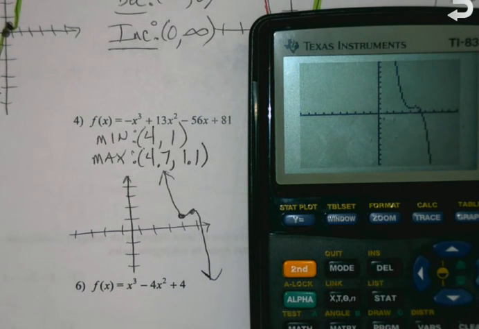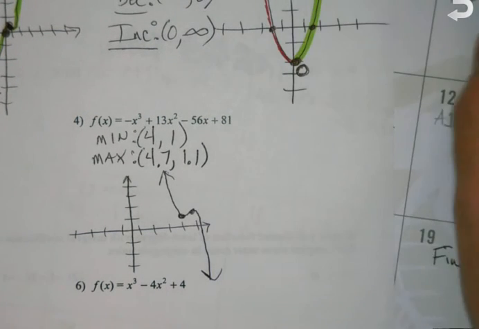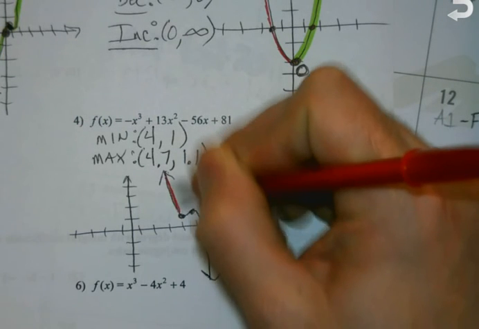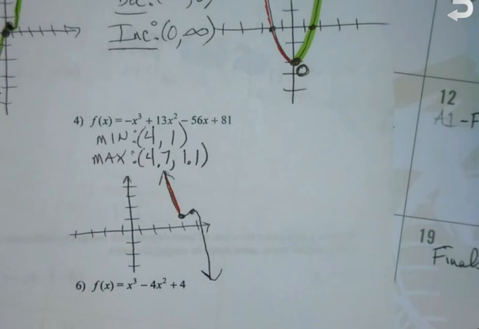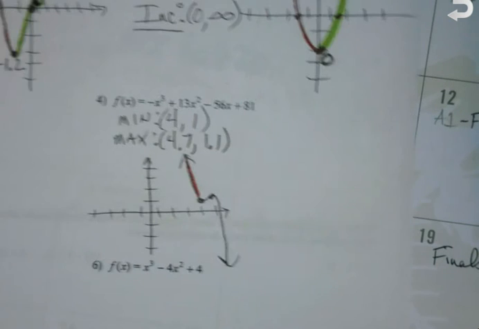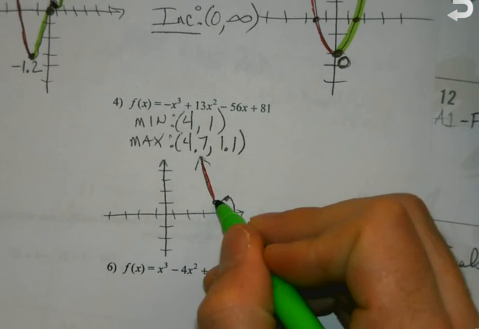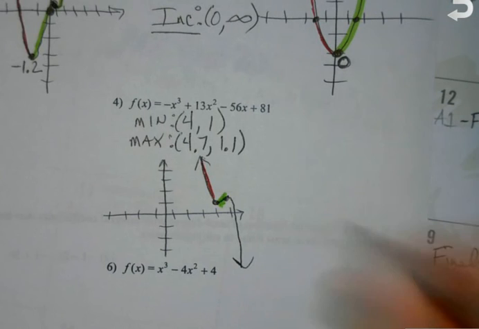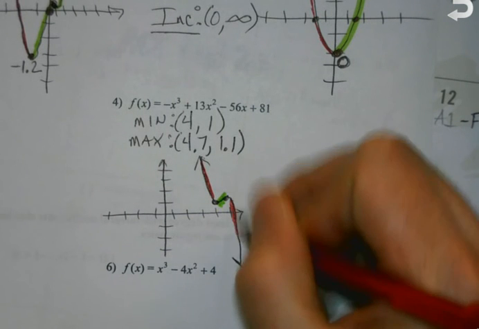So my actual part of doing this now, my interval notation for increasing and decreasing, now that I have my sketch, remember, if we go to colors, that's going to help. Because if I move this out, I can see that my graph is decreasing as it comes in. Then it increases for just a little bit, and then it decreases again.